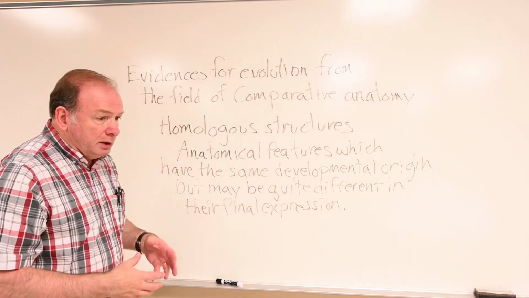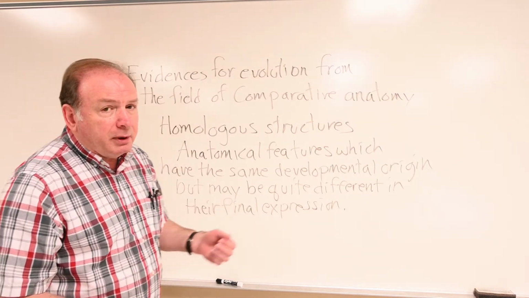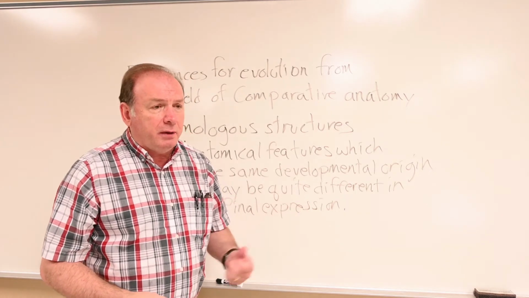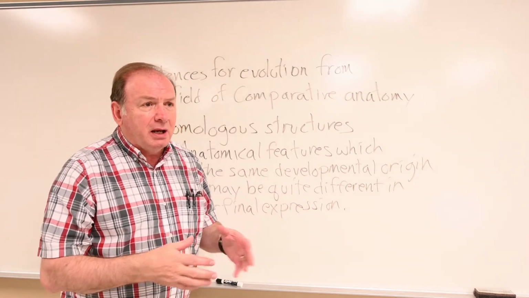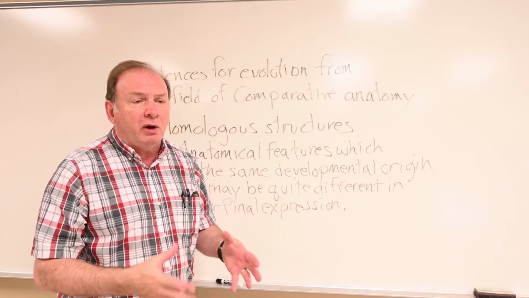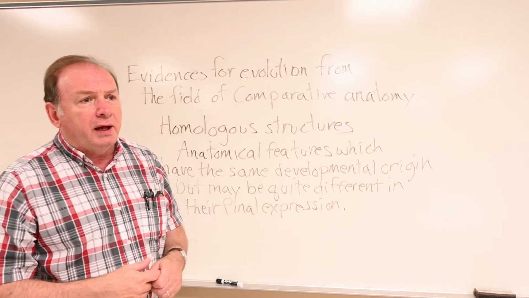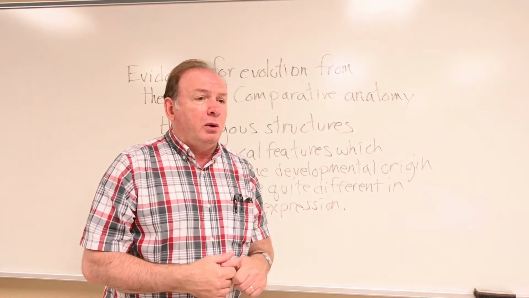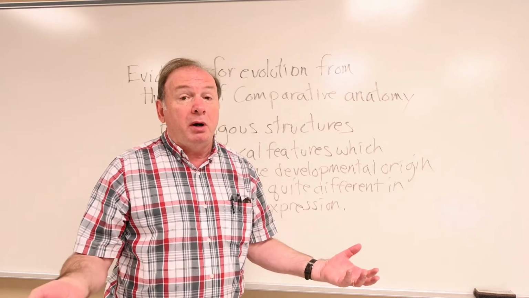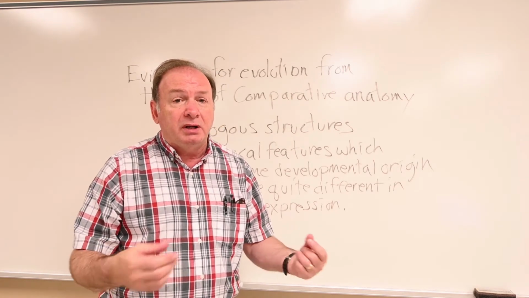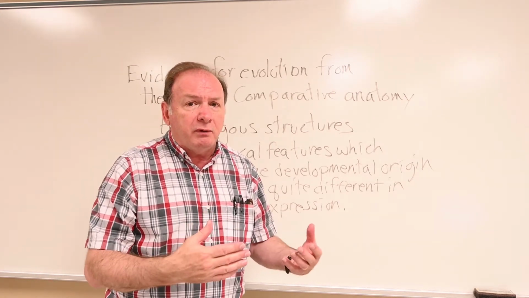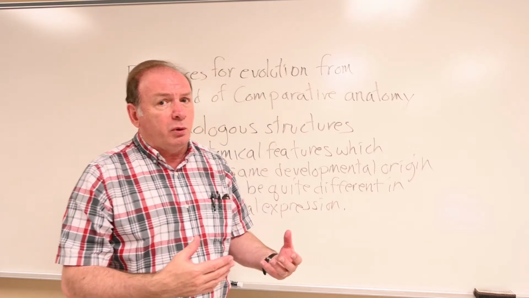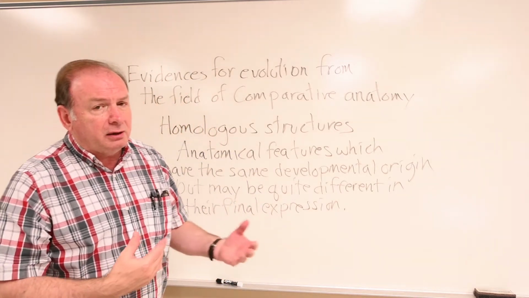They're similar in form. A couple of related terms we need to bring up here. The term analogous means it's the same in its overall appearance, so that the wing of a bat and the wing of a bird have the same kind of general appearance, but they're not thought to be from the same ancestral kind of origin. So they're analogs.